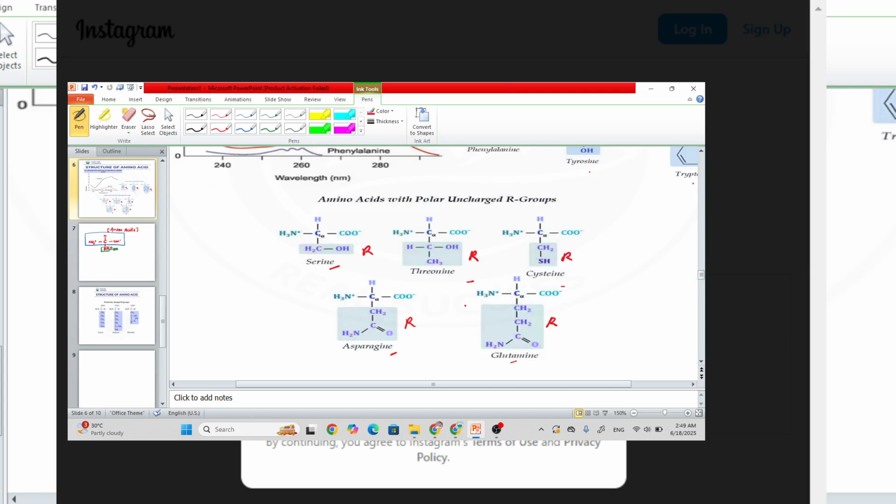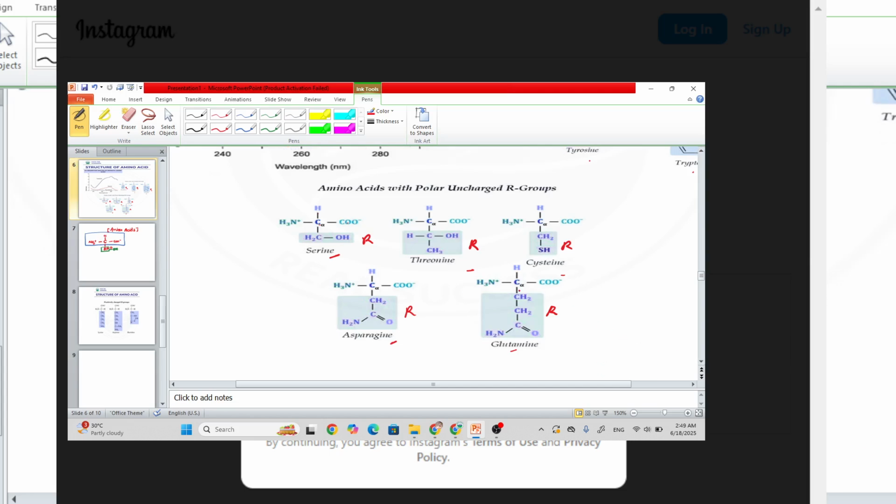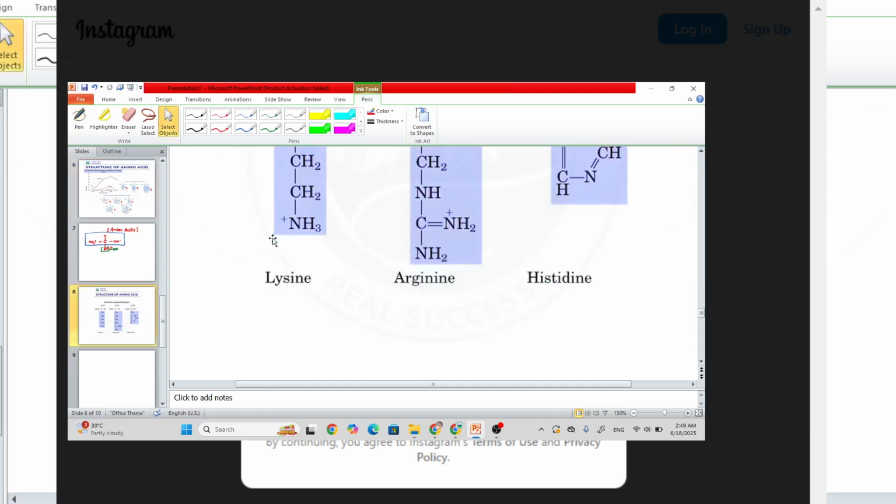In further classes we will learn how to draw the structures of all of these. Today I only introduced the names of the amino acids, the classification, the single letter abbreviations, and the structures.